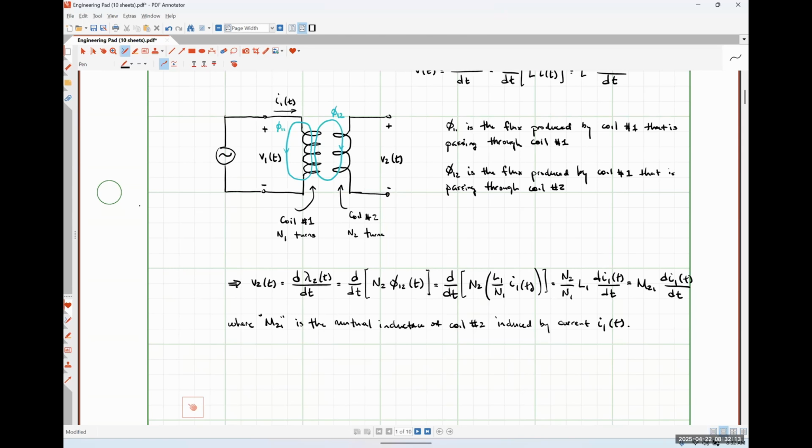So let's write that out more formally. Essentially, if we excite coil number 2 and leave coil 1 open circuited, we are going to wind up inducing a voltage across coil 1 because of the magnetic coupling between the two circuits.